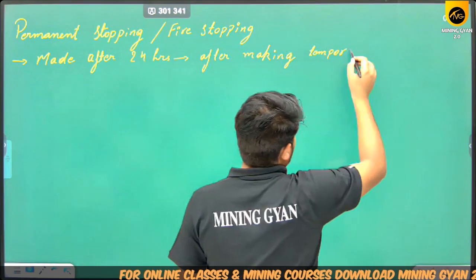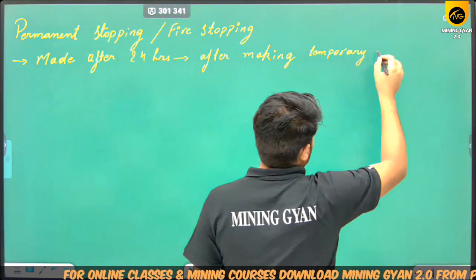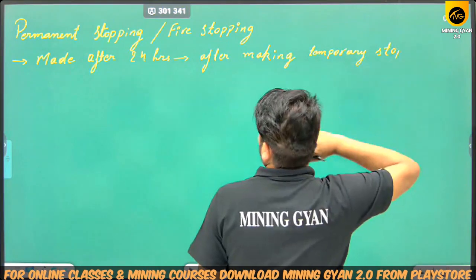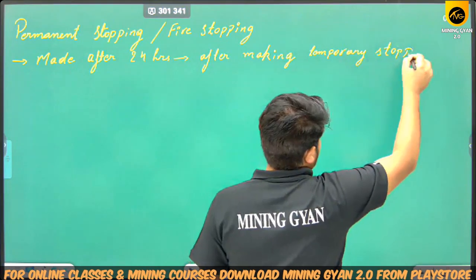So what do you mean by temporary stopping? Why is the temporary stopping made first, and then after that the fire stopping or permanent stopping is made?